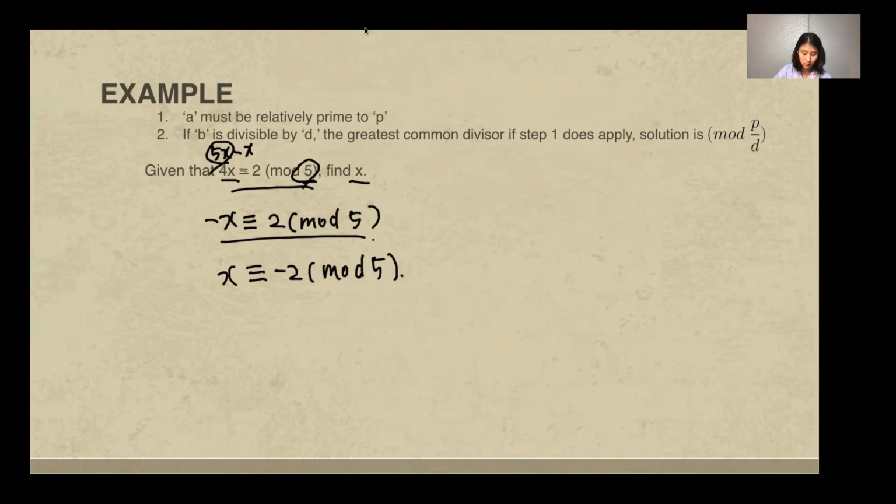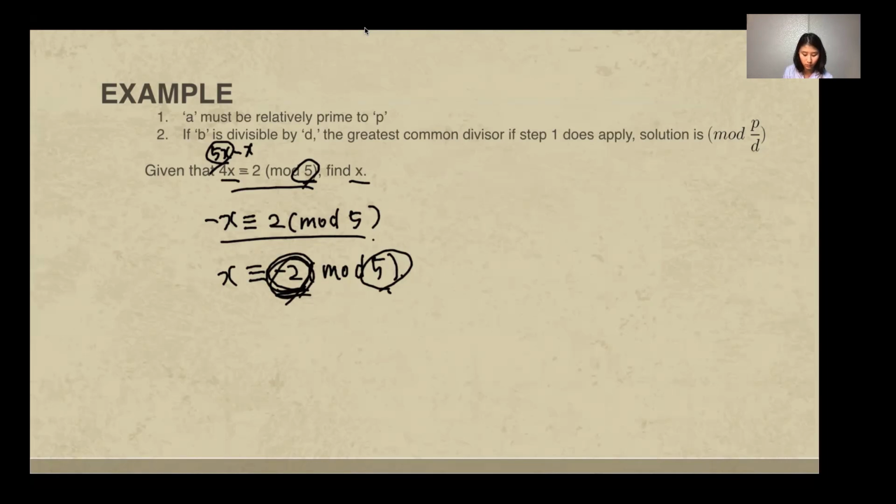Now at this point, what you want to do is try to make this number a positive number. You don't want to keep it negative. So what you can do is add 5 to this number to make it a positive number.